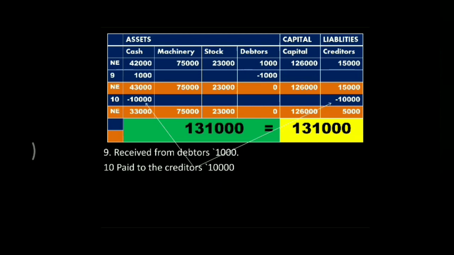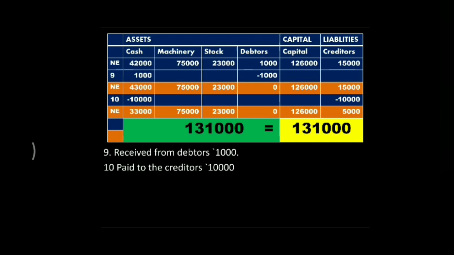Now the current creditors for the business are rupees 5,000. So this is the new position of assets, capital and liabilities: cash 33,000, machinery 75,000, stock 23,000, no debtors, it is nil, capital 1,26,000, and creditors now 5,000.